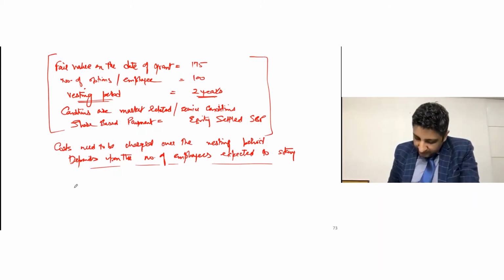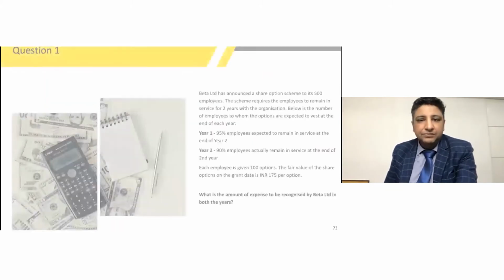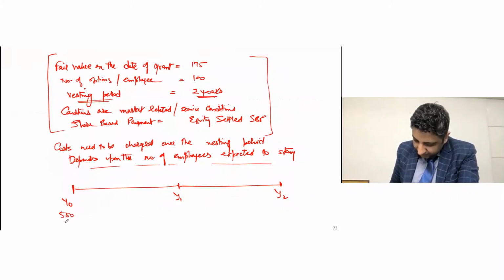So if I were to bring that on a timeline, this is today, which is year 0, this is year 1, and this is year 2. Now, we have 500 employees as on date. So let's place those numbers here for understanding.